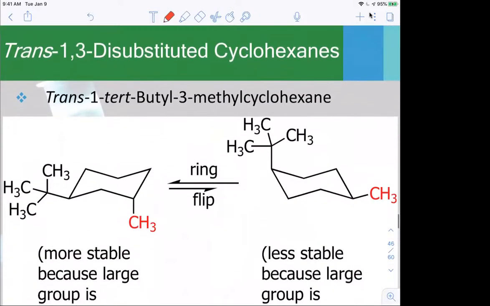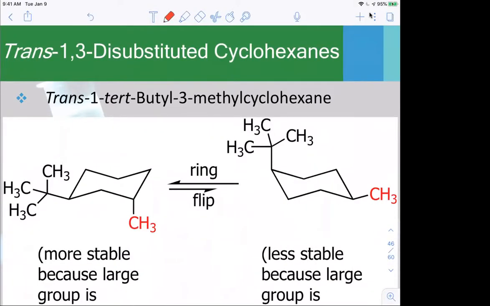But again, what if I substitute the methyl on carbon 1 with a tert-butyl? I'm still trans. I have equatorial up, axial down. This equatorial becomes axial in the ring flip, right? This carbon goes up, this carbon goes down.